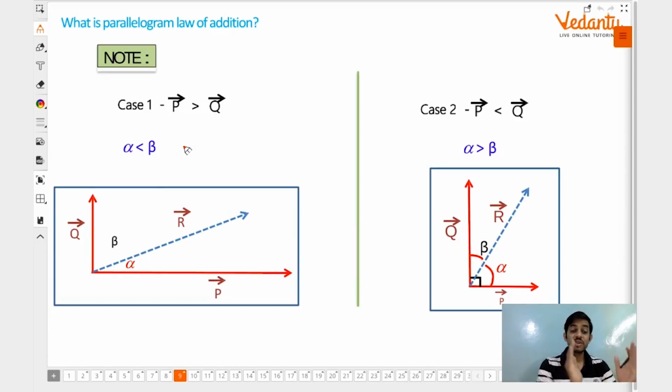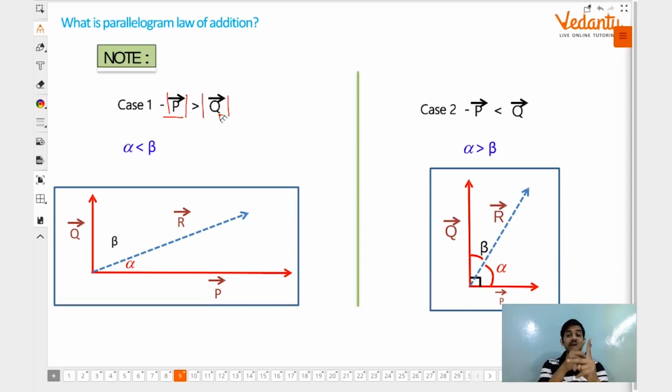So, in let's say that special case of having angle 90 degree, we have some more special cases. Okay, not exactly special cases, these are just observation. If mod of P vector is greater than mod of Q vector, guys, it's a simple point of common sense. These two are the vectors, P vector and Q vector perpendicular, and this is the resultant.